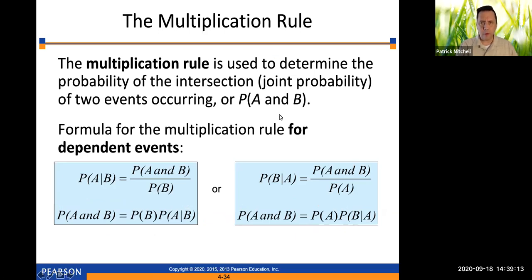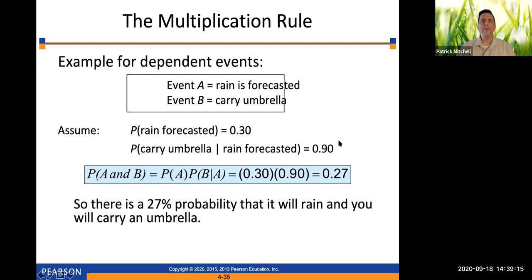All right, so let's see what we have for an example. Event A is rain is forecasted. Event B is carry an umbrella. So the probability that rain is forecasted is 0.3, and the probability that you carry an umbrella given that rain is forecasted is 0.9, and we want to find the probability of A and B. All right, so how do I know that I should use this version of the formula?